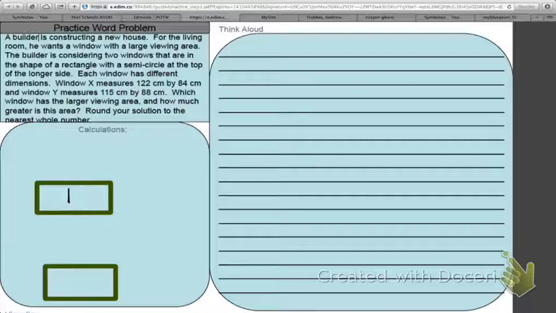I made a mistake. Why would we label them 1 and 2 when we're supposed to label them X and Y? And you said we have to draw something? Okay, so the semicircle must be drawn on the top of the longer side. So, is that correct? Or is that a problem?